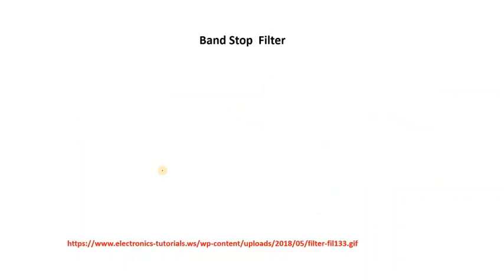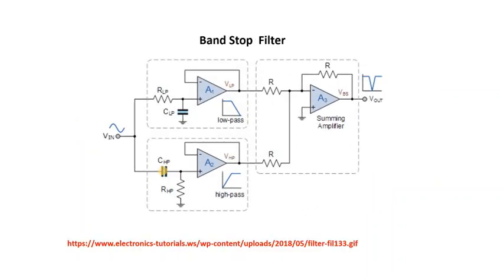Next, this is a band stop filter using active components and passive components in conjunction. So this is your high pass filter, this is a low pass filter, and both of the responses are combined to give you a band stop filter.